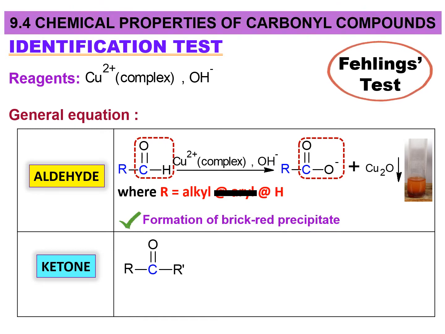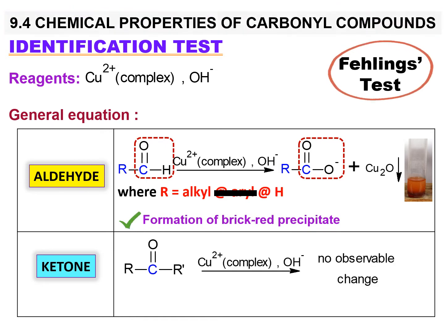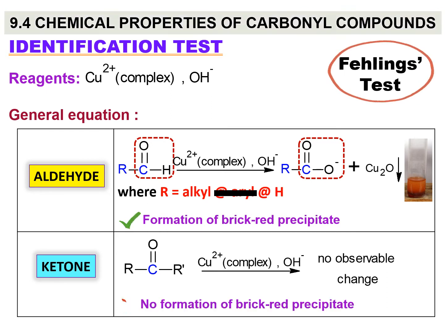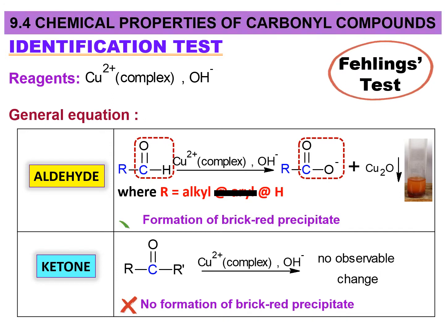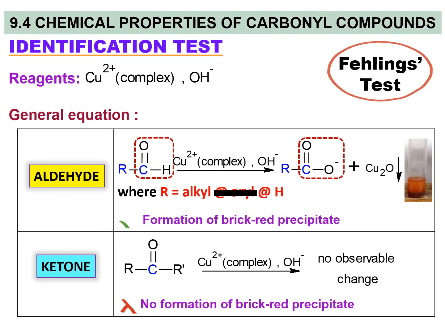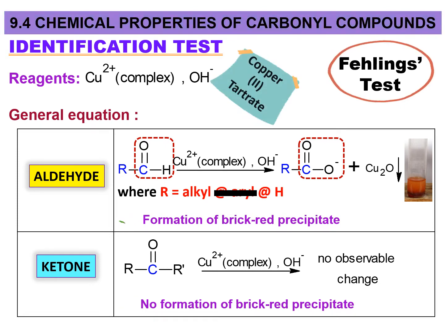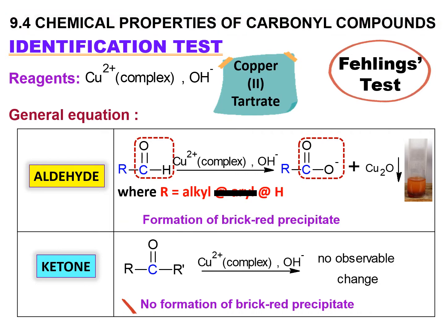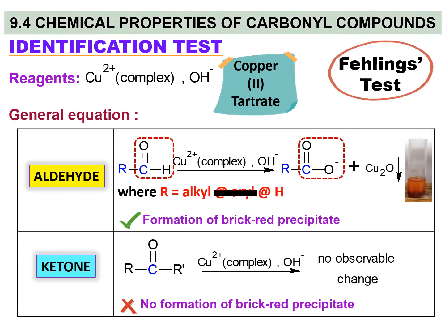For ketone, if we use the same reagent, nothing is recorded. No formation of brick red precipitate. Fehling test is a test that differentiates aldehyde from ketone and differentiates aliphatic aldehyde from aromatic aldehyde. Fehling test uses a complex ion known as copper 2 tartrate.